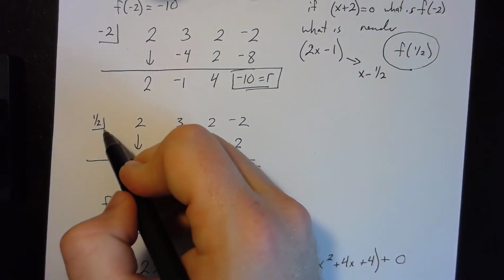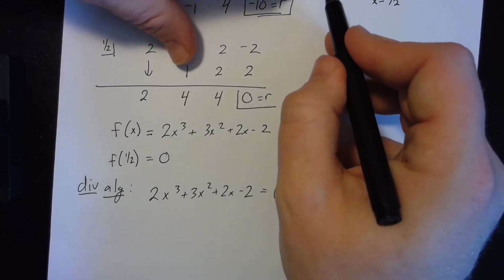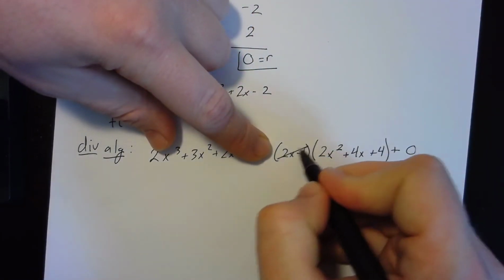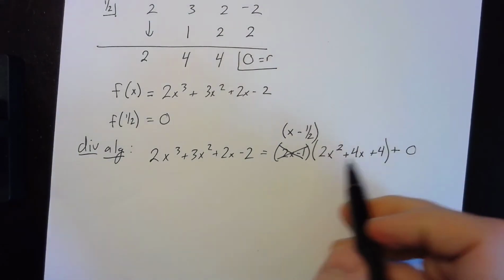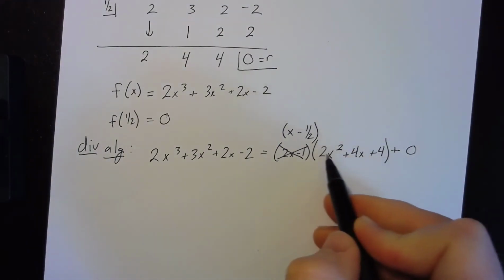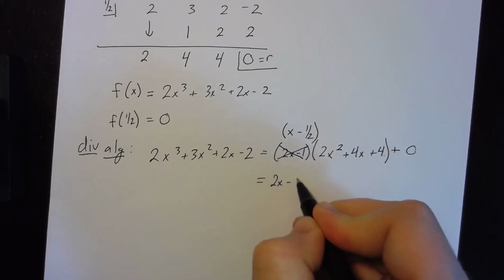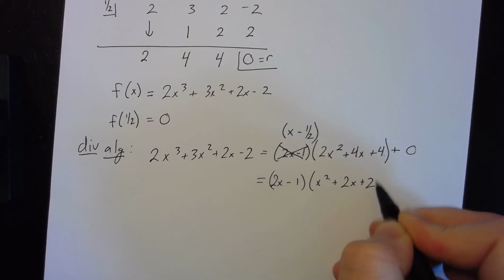So when I'm told to divide by this polynomial, I've actually not divided by that polynomial, but divided by this polynomial. And you'll see very clearly that there's a 2 in this that I can factor out, multiply into here, and end up with 2x minus 1 times x squared plus 2x plus 2.